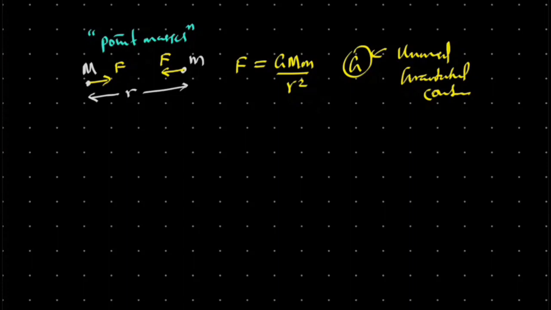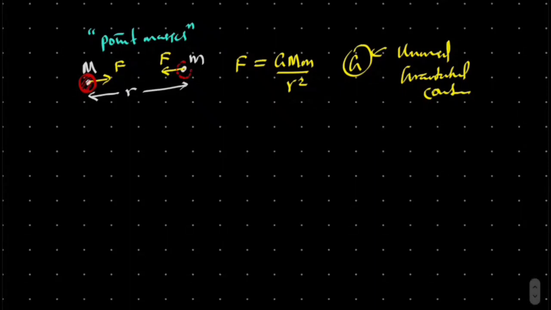Then you have to understand you can extend this idea to scenarios like spheres in 3D, or disks and rings if the situation is two-dimensional, as long as the two masses are outside of each other, not inside.